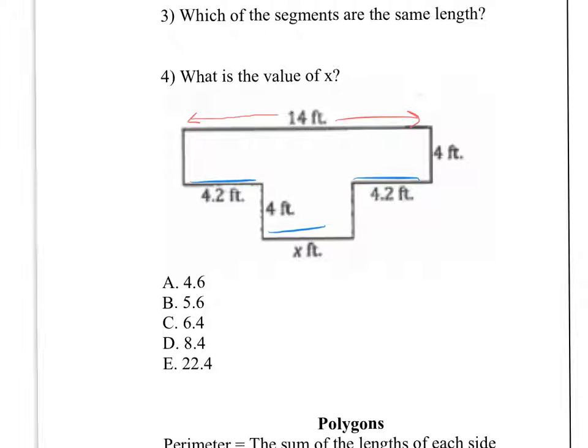So we could write the equation that 4.2 plus 4.2 plus x should equal 14. If you combine like terms, 4.2 and 4.2 is 8.4.